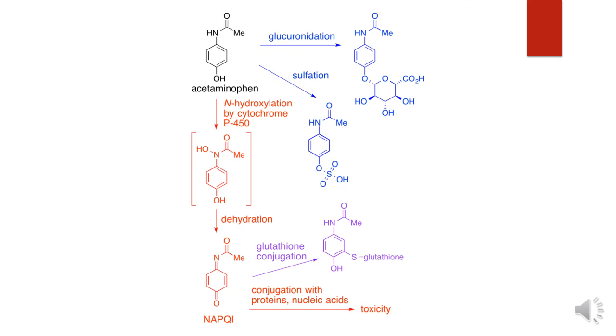This is an example of the consequences of co-ingestions. When alcohol is consumed, either acutely or chronically, it tends to induce the activity of the cytochrome P450 2E1 molecule, upregulating it, and actually increases the proportion of acetaminophen that gets shuttled down this pathway. And so acetaminophen toxicity can occur at a much lower dose.